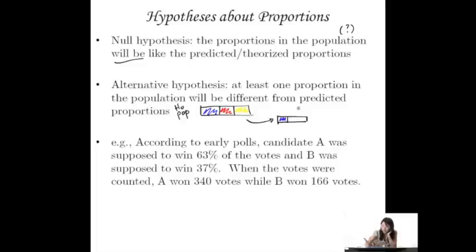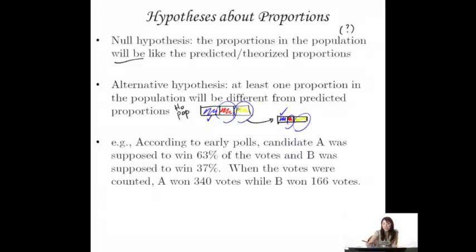But then some smaller proportion, like 15% red, right? And then the rest being yellow, right? Now, the 1/3 should match up. The 1/3 matches up. But what about these other two? And so in the alternative hypothesis, at least one proportion in the population will be different from the predicted proportions, right? So it just has to be one guy that's different.